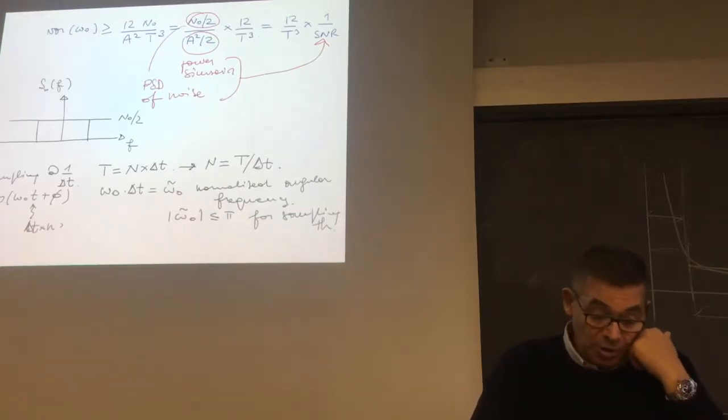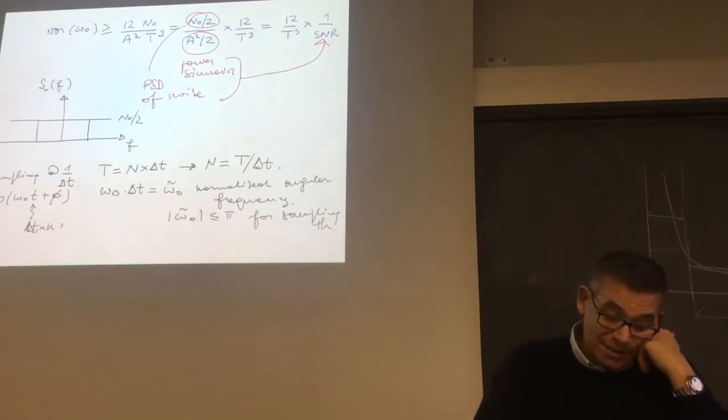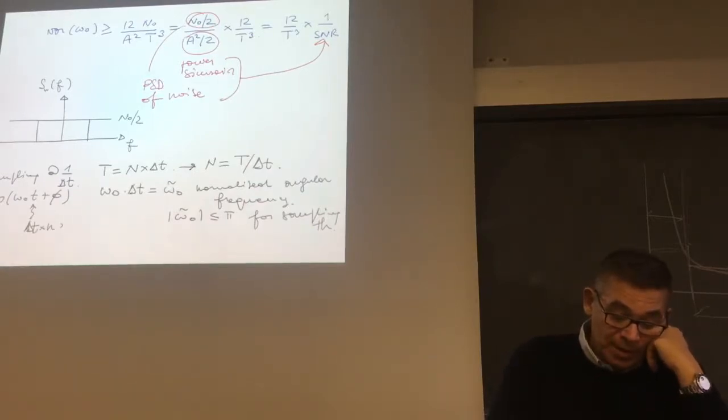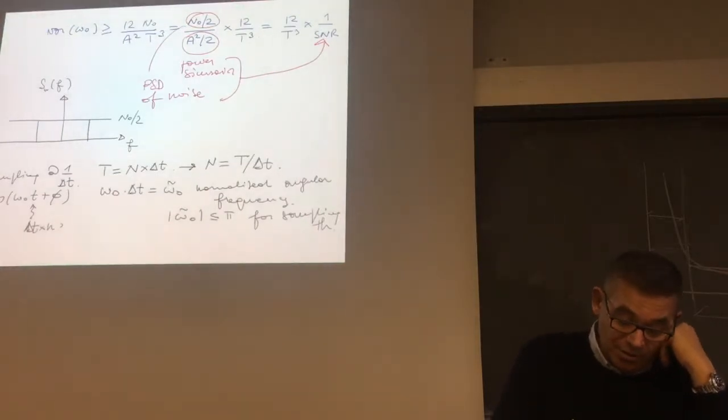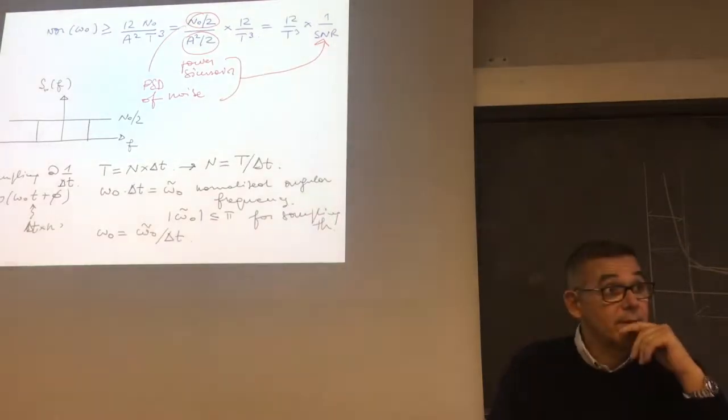So what I can say is the following: if I'm computing the variance on delta t, the variance of omega 0, then omega 0 here is equal to omega 0 tilde divided by delta t.